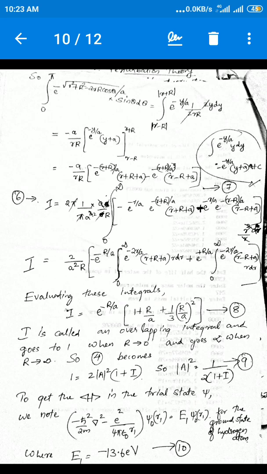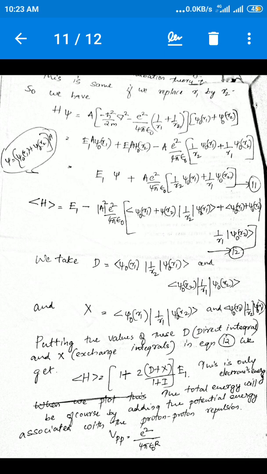If the proton and electron are situated at a distance r2, then also the energy E1 will be the same. It does not depend on the value of r1. It is the same if you replace r1 by r2. So if you replace r1 by r2, then also this E1 will be the same, which is minus 13.6 electron volt.